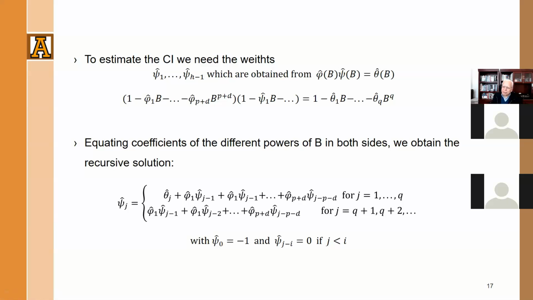We defined psi_0 to be 1, so psi hat 0 is 1, and psi_{j-i} is 0 if j is less than i, because we're only involving the psi weights up to the current one. So that's how we get the psi weights to compute the variance of the forecast error.